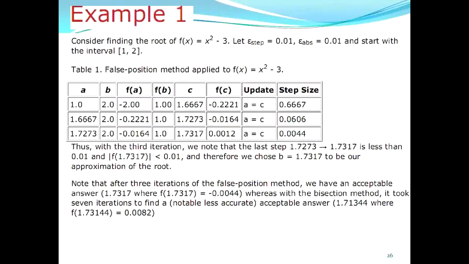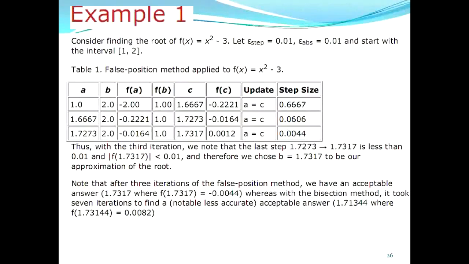So if I apply 0, then f of 0 is minus 3, and if I apply 1, then 1 minus 3 is minus 2. So both 0 and 1 have the same sign, so the root does not lie in this interval. So your interval is given here as 1, 2.